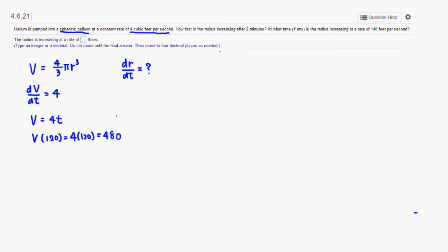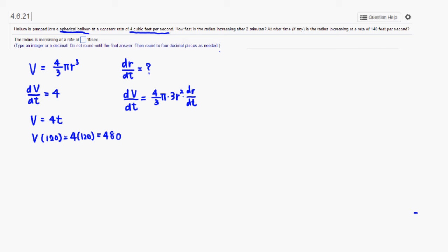So let's look at this volume formula and take the derivative with respect to time. 4/3 pi is just a constant, so I'll write that down, 4/3 pi, and the derivative of r cubed would be 3r squared, then multiply by the derivative of r with respect to t.